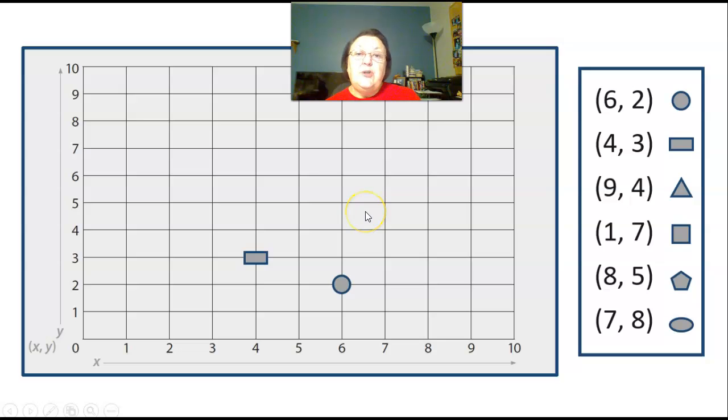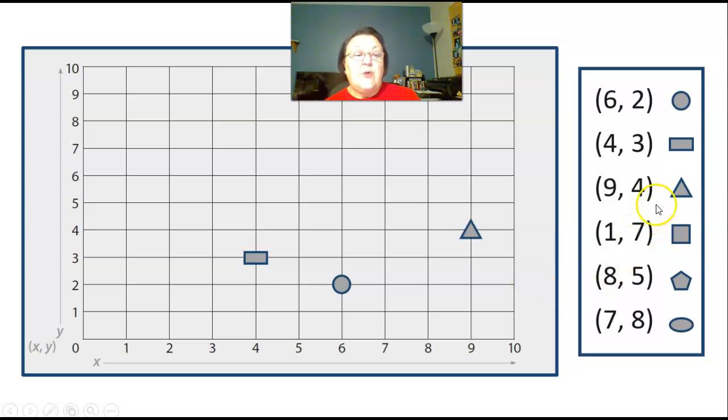Now remember, when you're writing a coordinate graph, because on the test you'll have to write a coordinate graph, you need to have the parentheses, you need to have a number, a comma, another number, and then the other parentheses. That's the correct way of writing a coordinate graph.